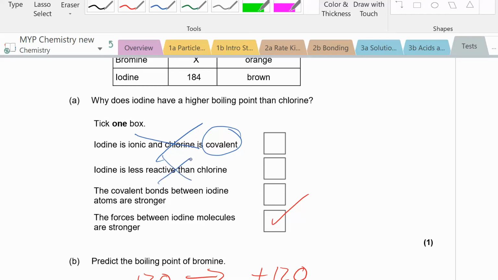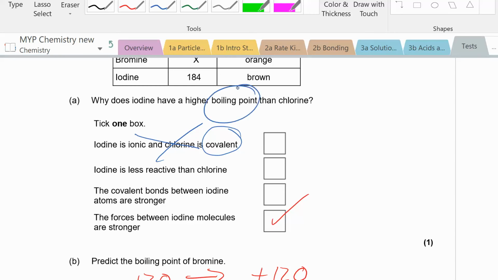Well, that is true, but it's not the reason for the higher boiling point. And the covalent bonds between iodine atoms are stronger. This is also not true necessarily, but you're not going to break covalent bonds.